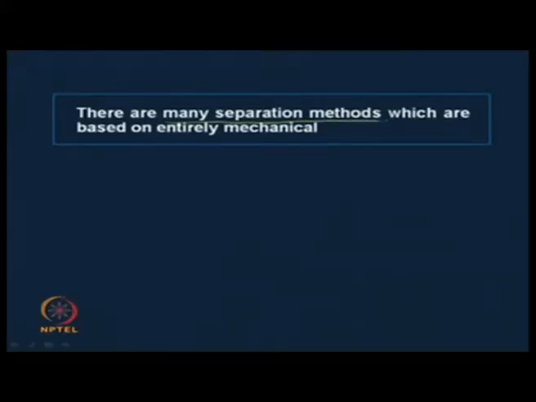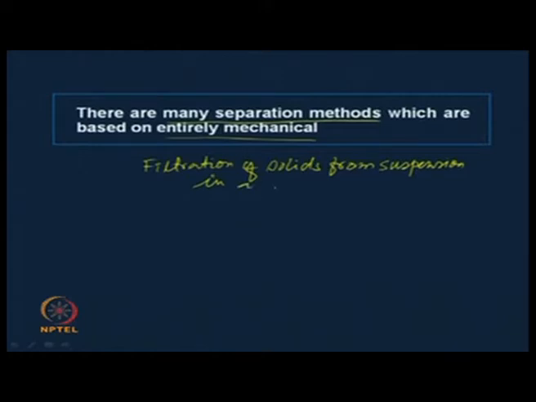There are many separation methods which are entirely based on mechanical separation. For example, filtration of solids from suspension in a liquid.